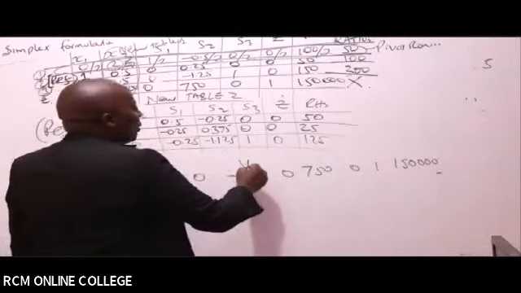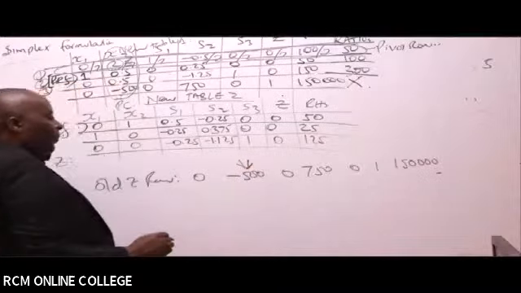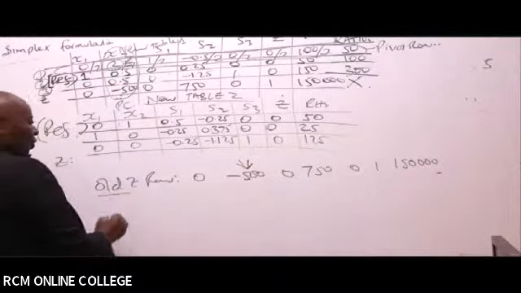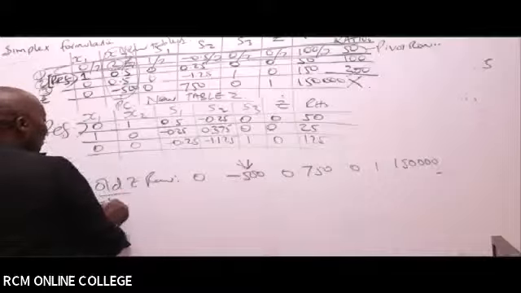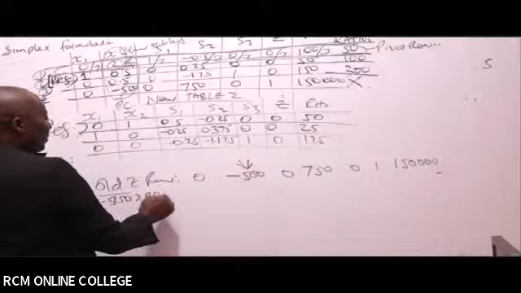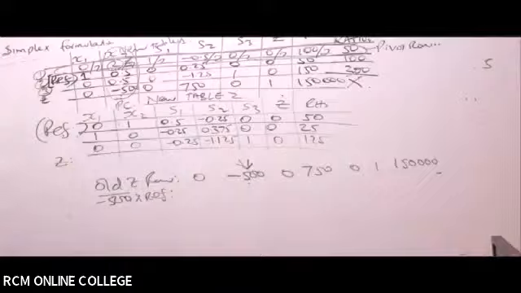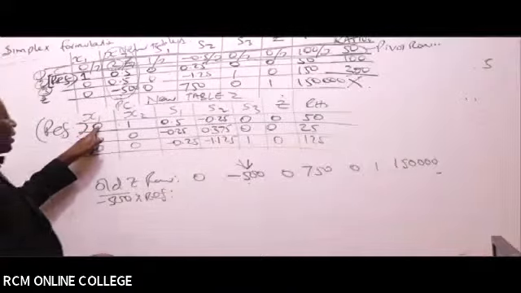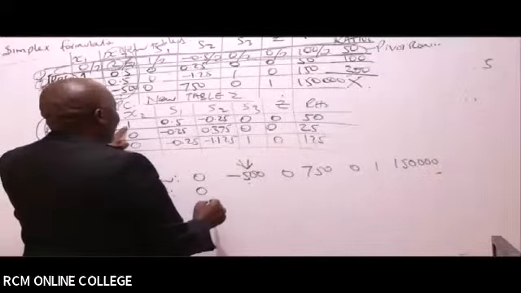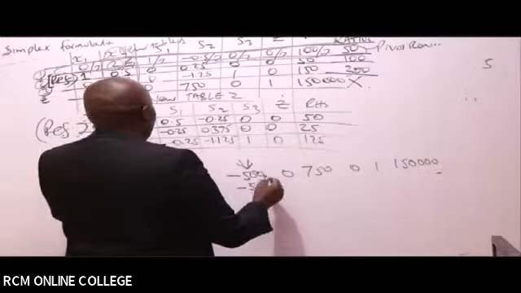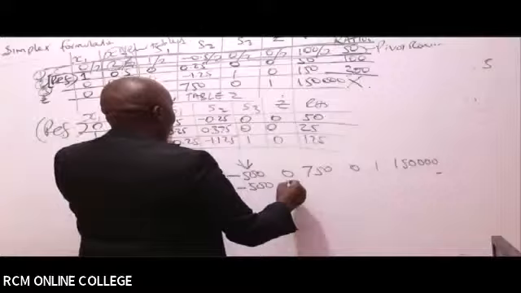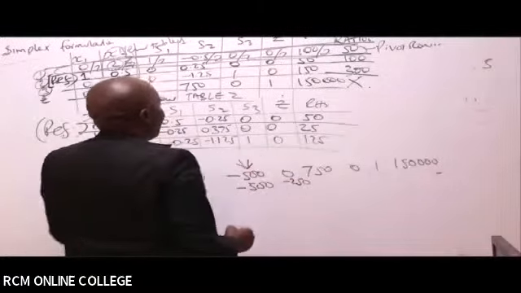This is the one that I would want to kill. So I say minus this number, which is minus 500 times the reference. Minus 500 times this gives me 0. This gives me minus 500. This gives me minus 250.